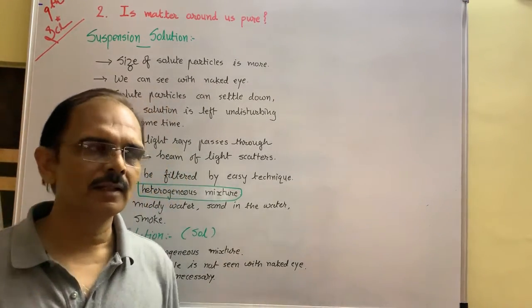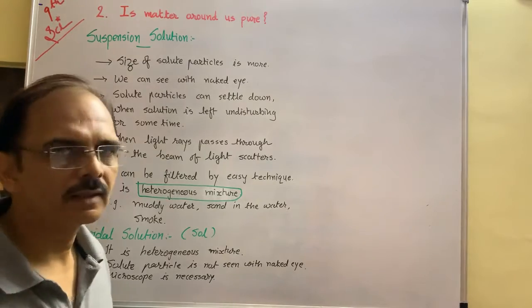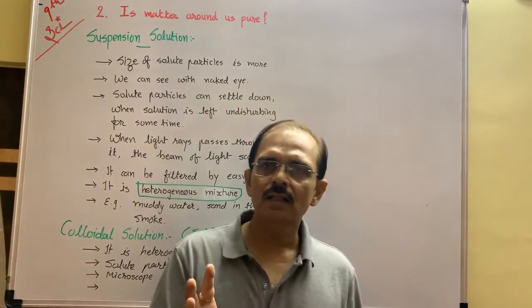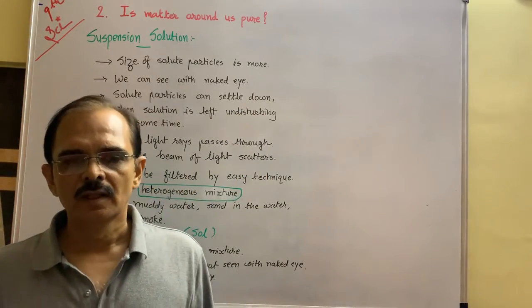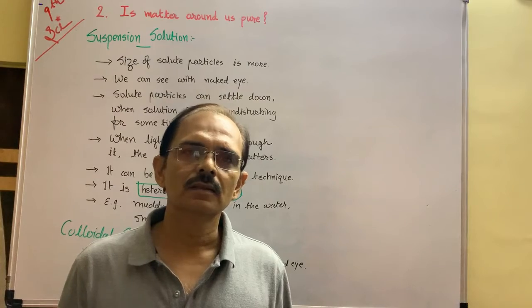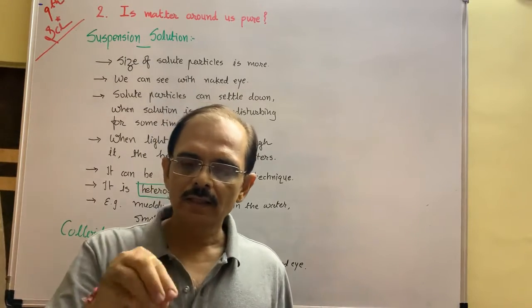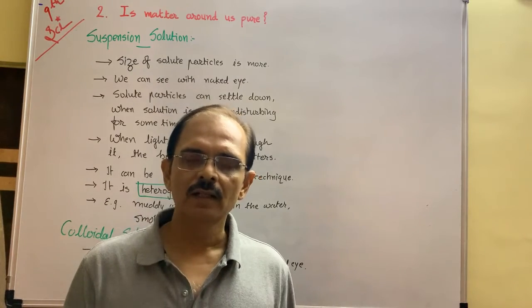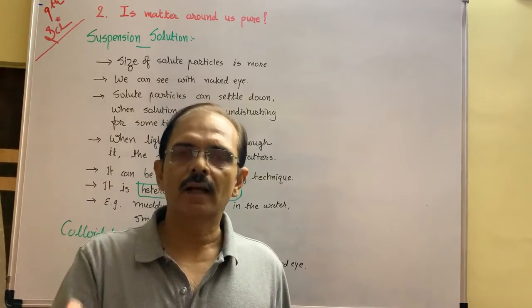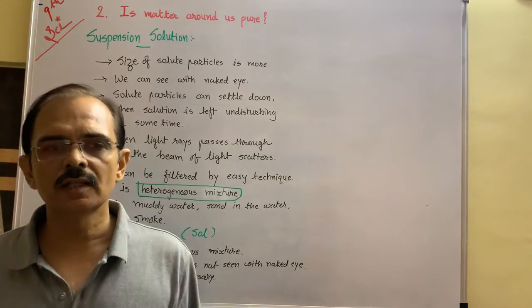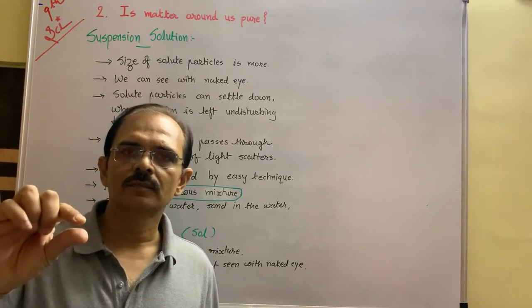As for example, I say milk, okay? You know that milk is a heterogeneous mixture. In the milk, can you see the solute particle? No. In the milk, fat is there, lipid is there, okay? If you boil it and then let it cool down, then you can see the cream on the layer.